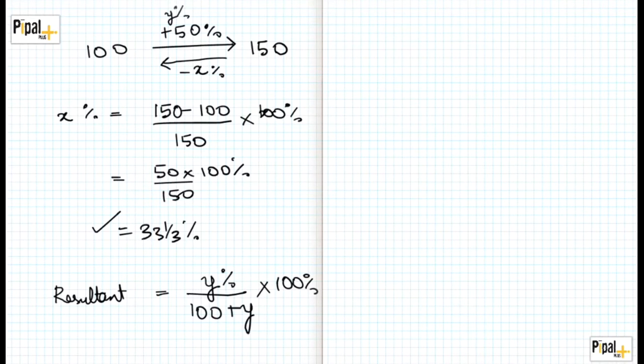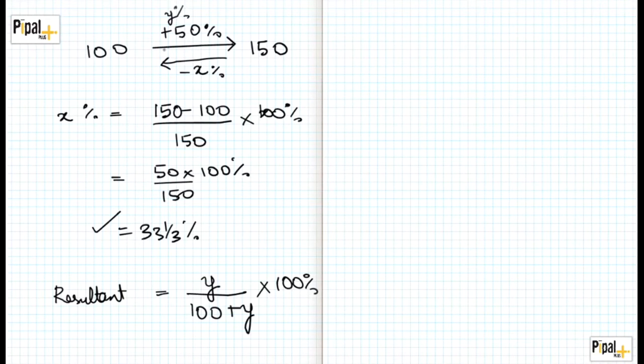Actually, I don't need this y percentage here because I'm putting in 100 later. So my resultant change becomes y divided by 100 plus y into 100%, because this y symbolizes the change and 100 plus y becomes the new base that I must use.